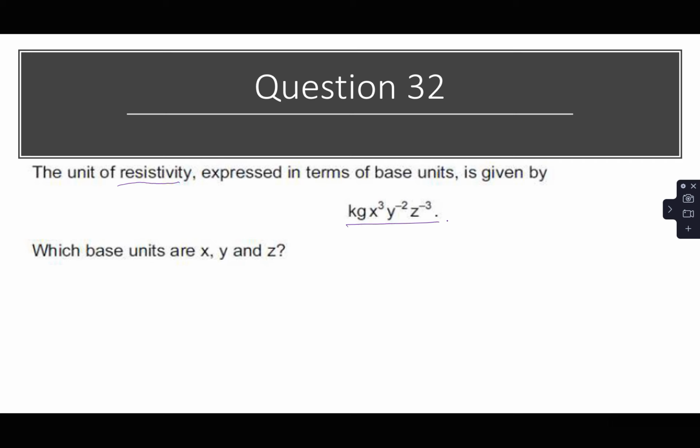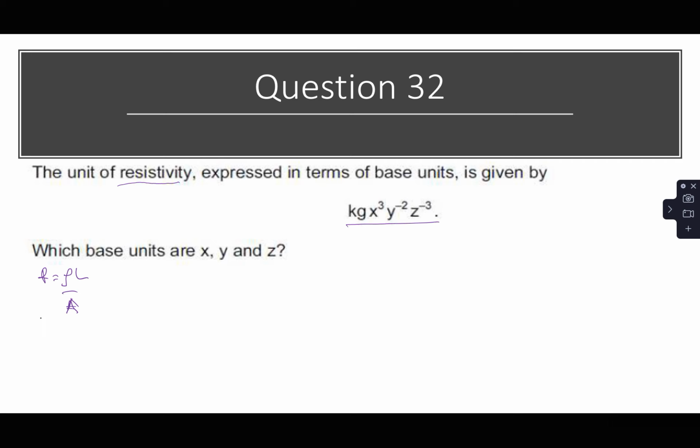Well, to avoid recalling the base units, since we already have the basics, we can still rederive the units of resistivity and verify. We said resistance is equal to rho L over cross-sectional area.